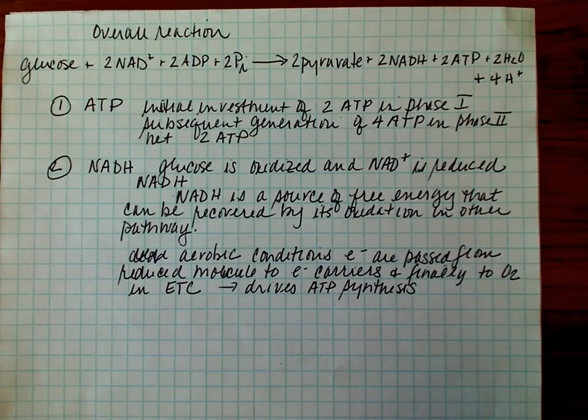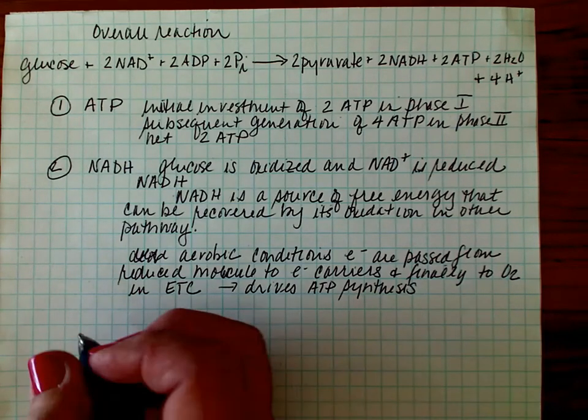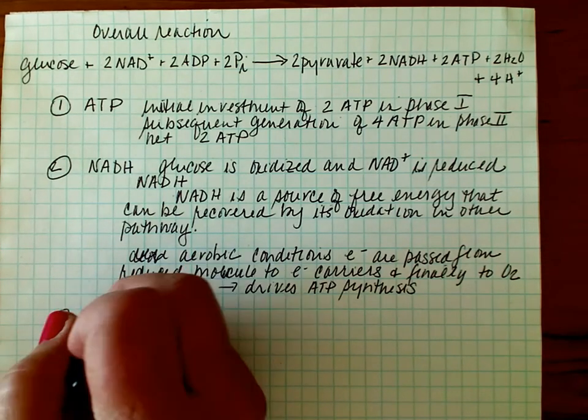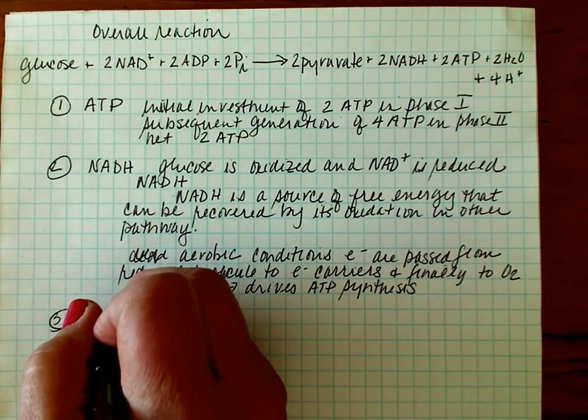NAD can also be regenerated, so it can participate in further rounds of catalysis that are mediated by glyceraldehyde 3-phosphate dehydrogenase, and we'll see that as well. Lastly, let's look at pyruvate.